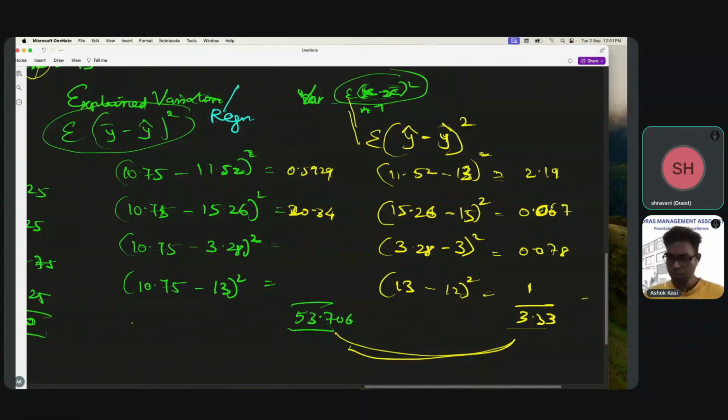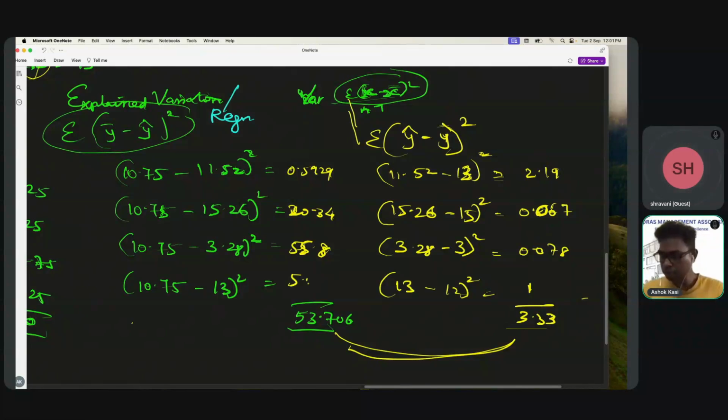And third one, 10.75 minus 3.28 square, store 3. 55.8. Okay, store 3. 10.75 minus 13 square.